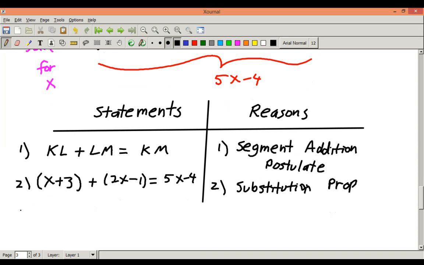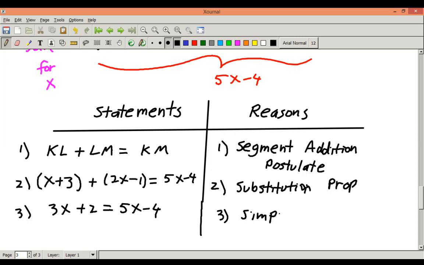Next, I'm going to write for statement number 3. Looks like I have 3x plus 2 on the left side equals 5x minus 4. Reason? Simplification.